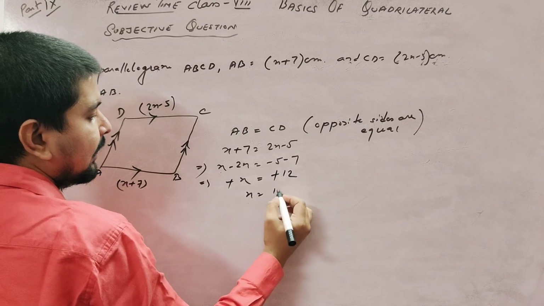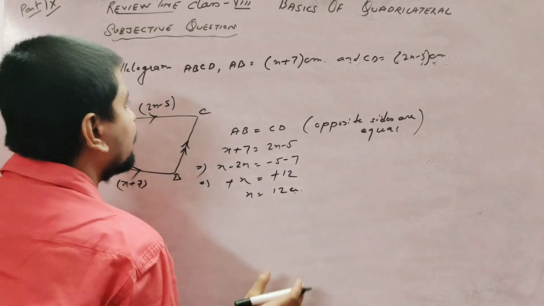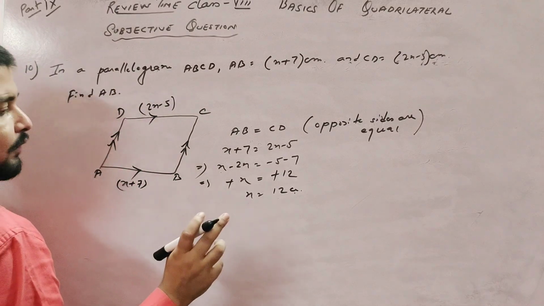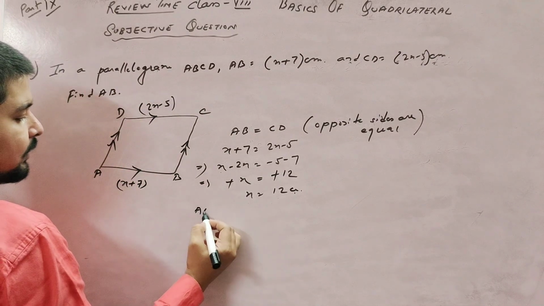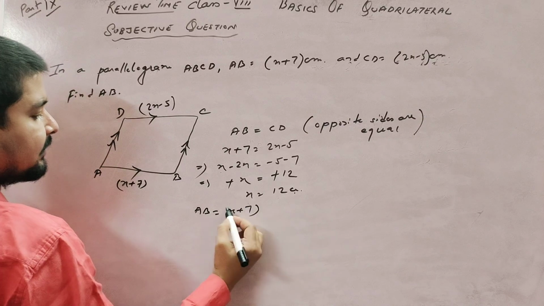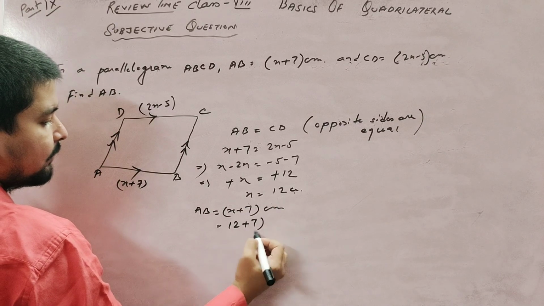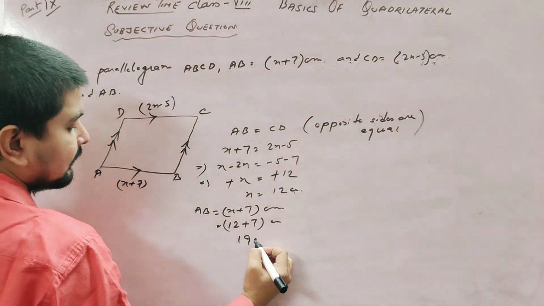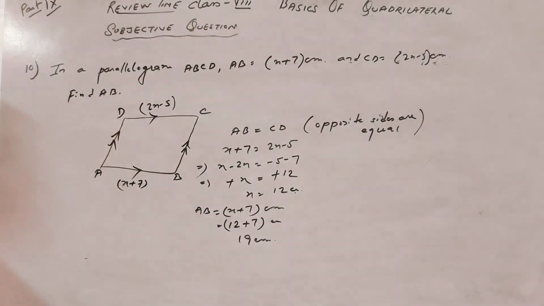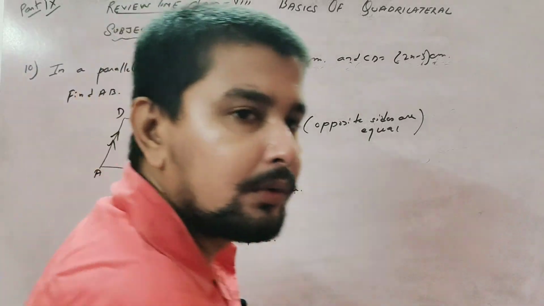Cut it down, x equals 12 centimeter. So we get the value of x equals 12 centimeter. So AB is given x plus 7 centimeter. So in place of x we write 12 plus 7 centimeter, that is 19 centimeter. Okay, note.